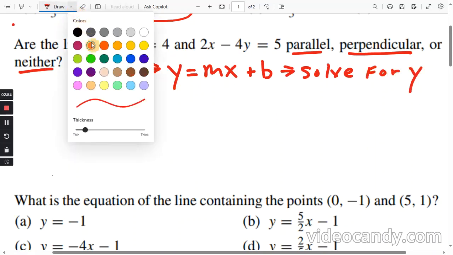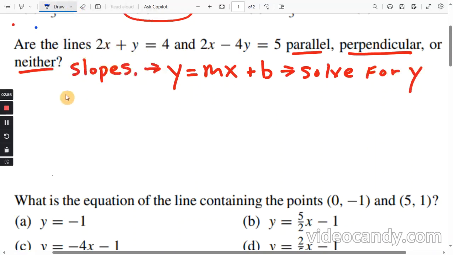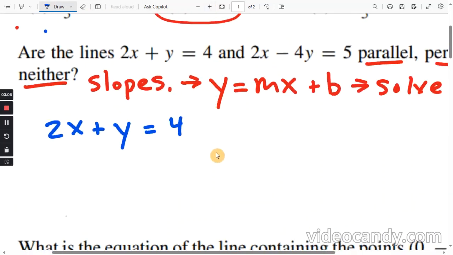So let's look at the first one, 2x plus y equals 4. Solving for y, the opposite of positive 2x is negative 2x. I apply that to both sides and it cancels here.